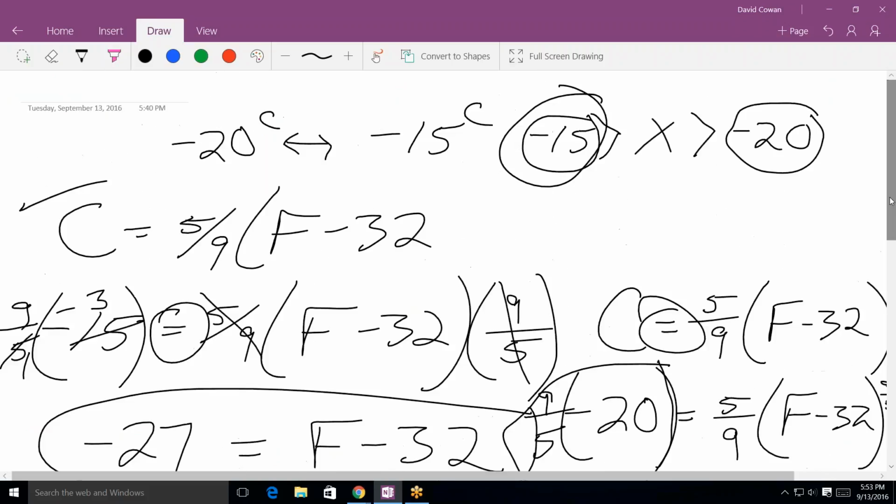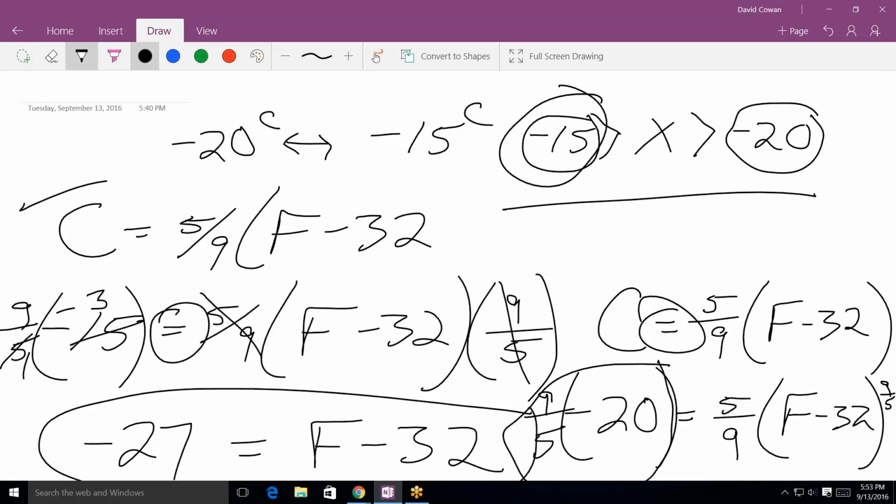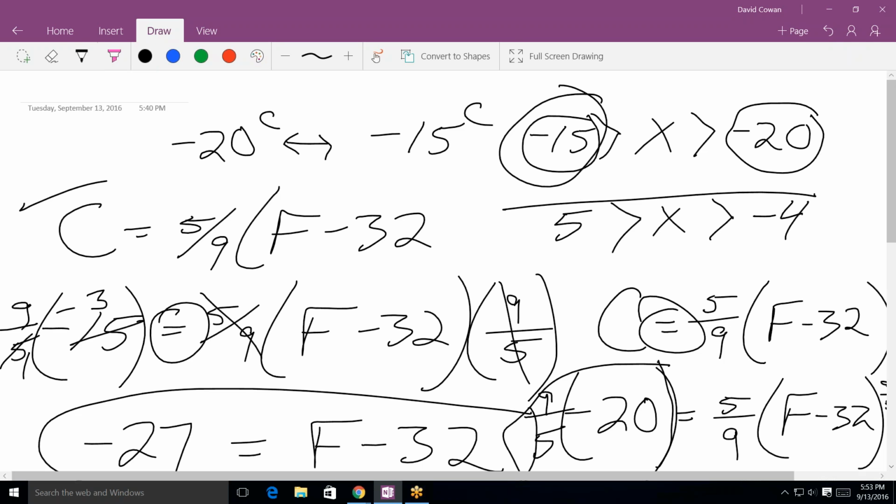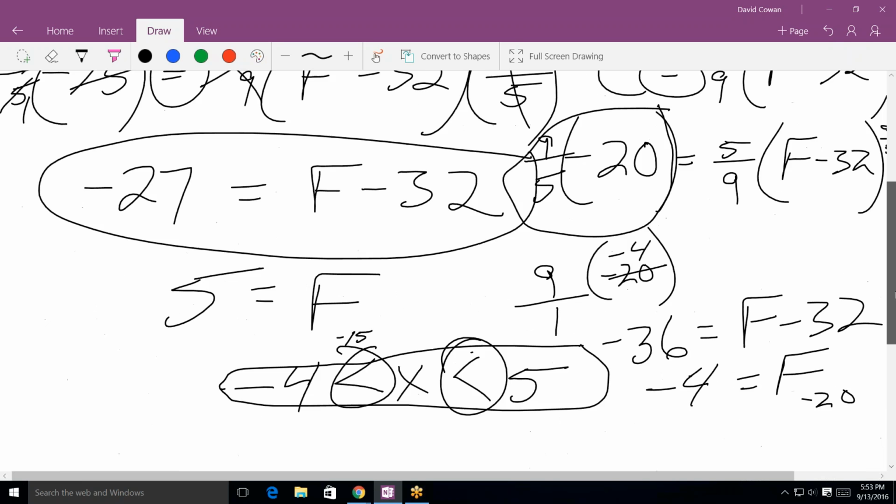Okay. In other words, up here, that says I'm greater than minus 20 and less than minus 15. Well, if I know what these Fahrenheit temperatures are, that's all I need to do. The minus 15 is 5, and the minus 20 is minus 4, so I end up with that, which is the same as I wrote, even though it looks a little different.